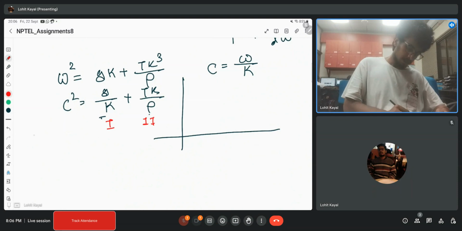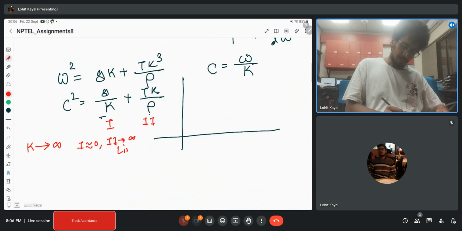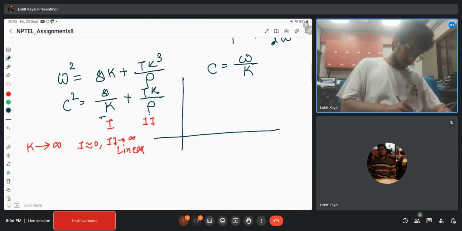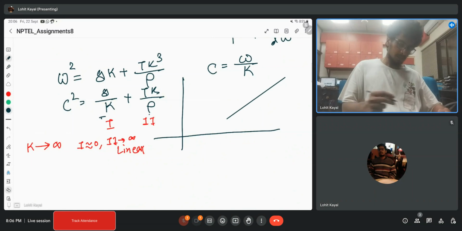When k tends to infinity, then 1 is approximately 0 and 2 is approximately infinity, but this is linear. When k is large, it will be a linear profile. So it will be something like this, a linear profile when k is sufficiently large.